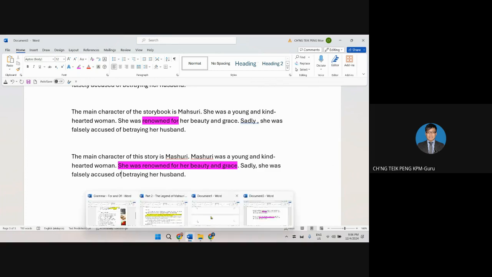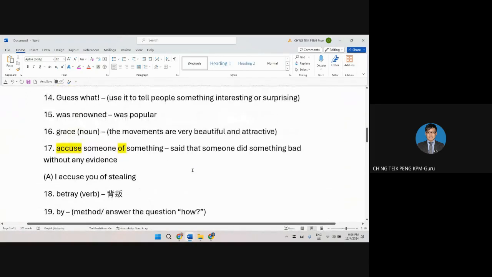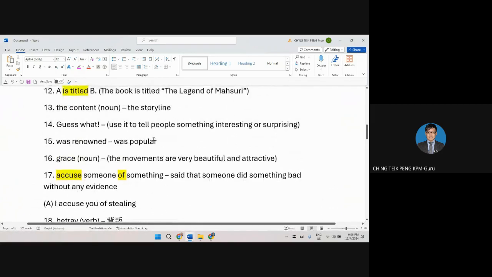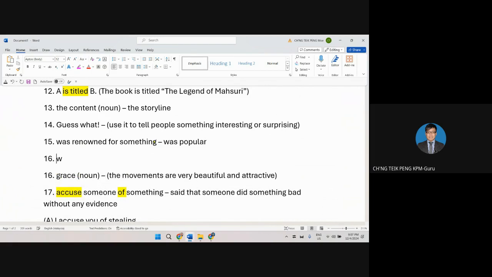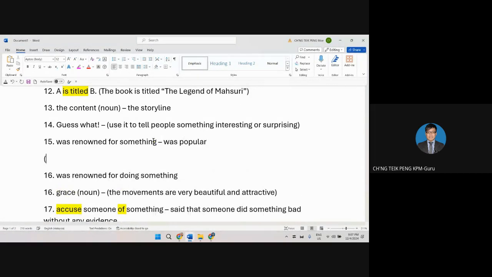所以老师把你们记录下来了。所以你看呢，renowned，如果我们用 renowned 的话呢，后面你要用 for 的。OK。After that, you have to say for something. Was renowned for something. 你要懂它的意思，还要懂它的用法。Was renowned for something, or was renowned for doing something. Understand? So, for example, she was renowned for her kindness.